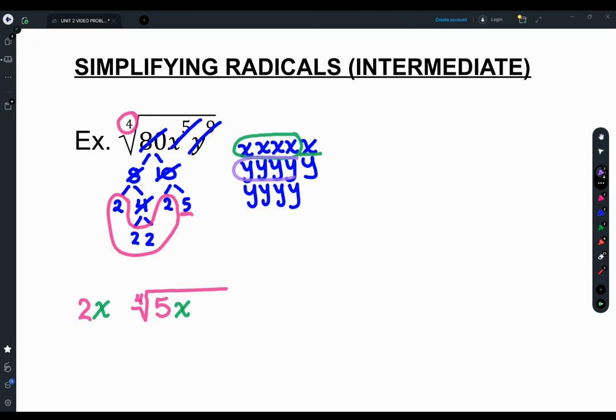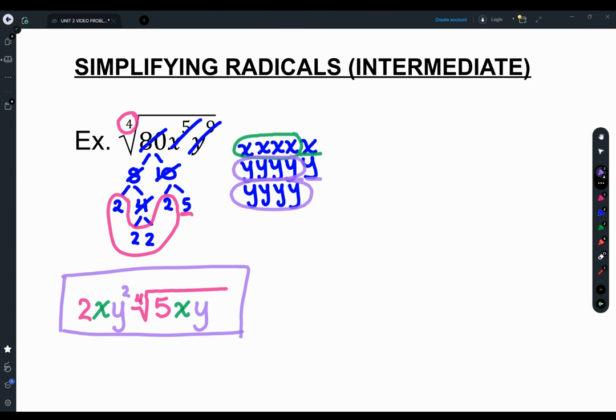We have a group of y's, and then we have another group of y's. That means we have 2 groups of y's. Now I can write that separate, or we could just say we've got 2 groups of 4 y's. So I have 1 group, 2 groups. So there's a power of 2. And then we have a y left over. And so this would be my answer.